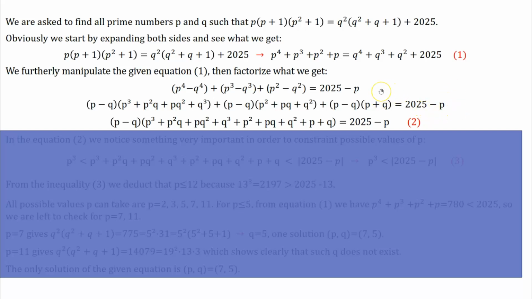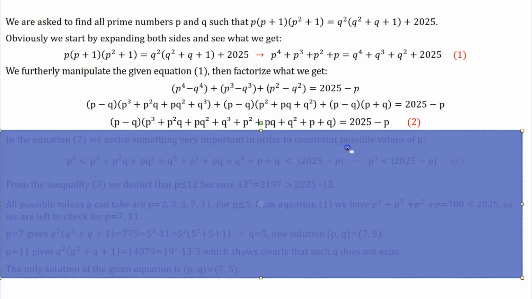So the right hand side remains unchanged. On the left hand side, we factor out p minus q, which is a mutual factor for all these three expressions, and we have p minus q multiplying this expression where we have only positive numbers, equal to 2025 minus p.